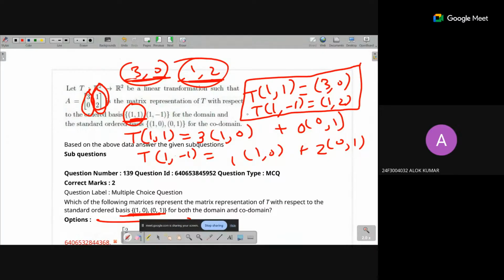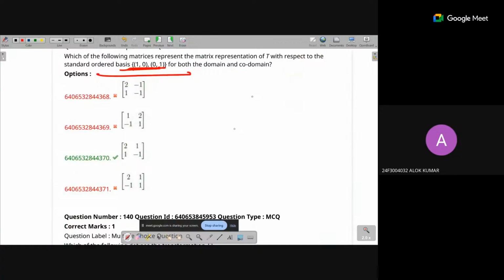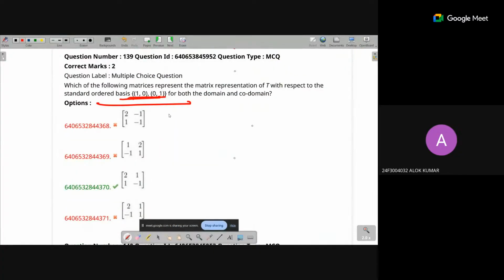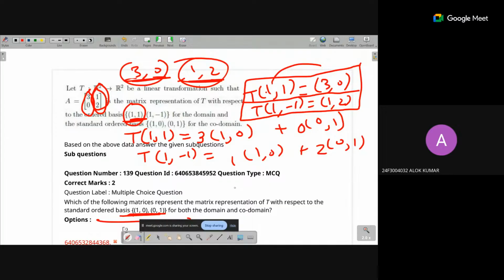Now these two are basically the transformation of the domain basis that we have captured. 1, 1 is a domain basis vector and 1, minus 1 is a domain basis vector. And if we know the transformation of the domain basis, then we can write the transformation of any domain vector. Why?